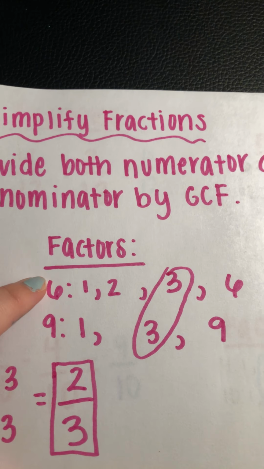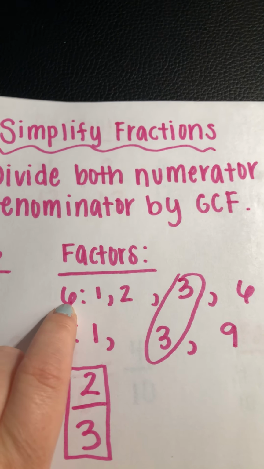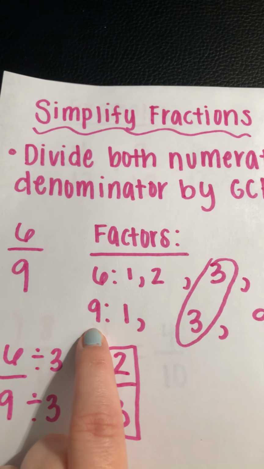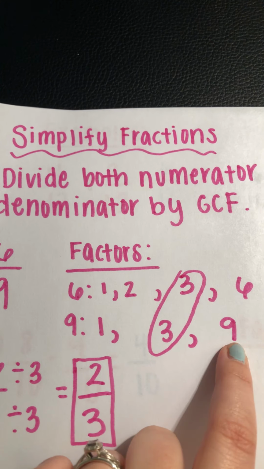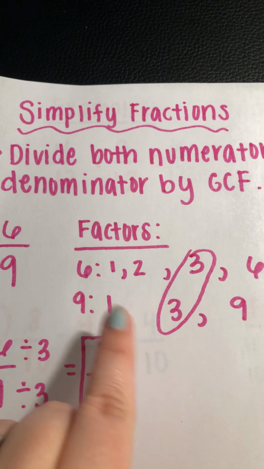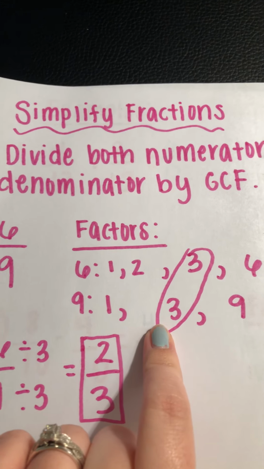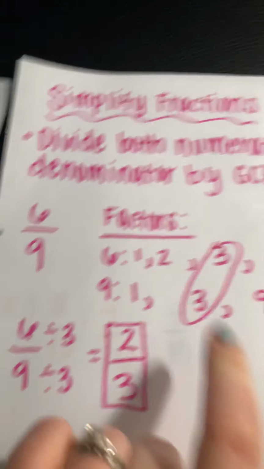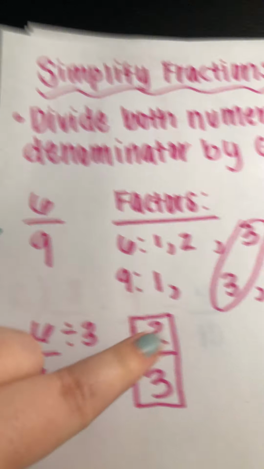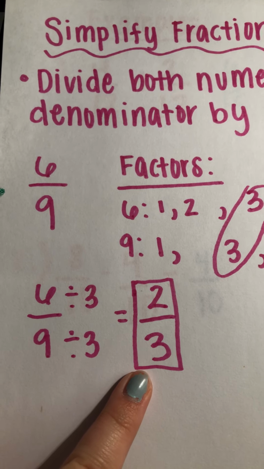So you write the factors of 6, which is 1, 2, 3, and 6, and then the factors of 9, 1, 3, and 9. And you need to see what numbers they have in common, the greatest number you have in common, which is 3. That tells me that I need to divide my numerator and my denominator by 3, which I did here. And I got 2/3. 2/3 is the simplest form.